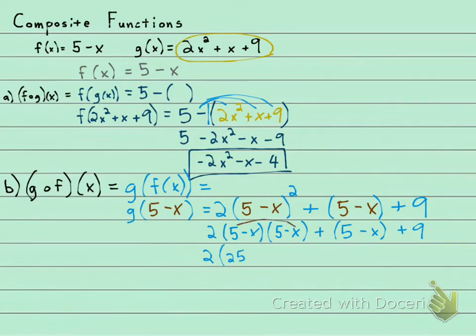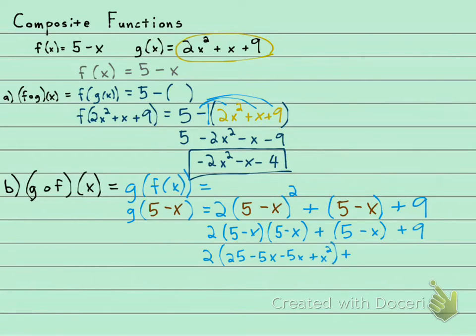The outer: 5 times negative x is minus 5x. The inner: negative x times 5 is negative 5x. And then the last: negative x times negative x. A negative times a negative is a positive, x times x, x squared.